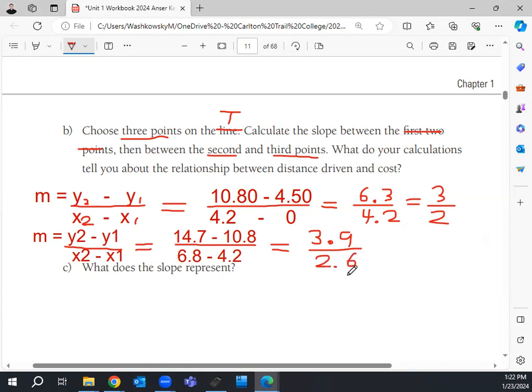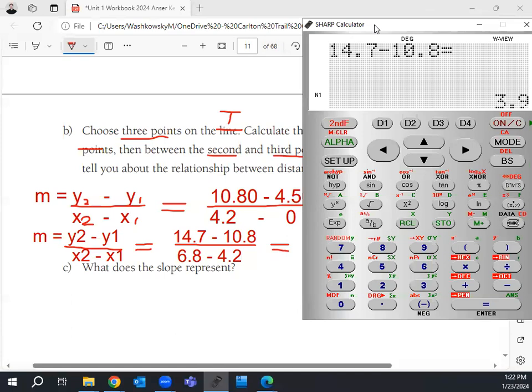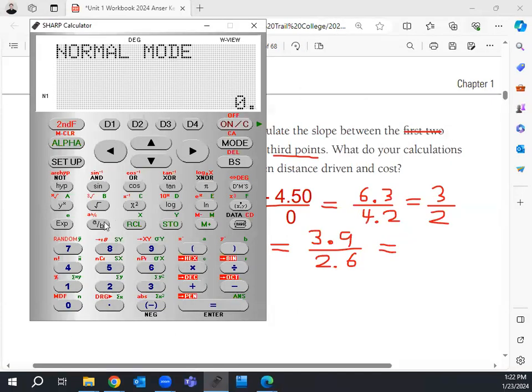Again, that's not a nice clean slope. You want to at least get rid of one of those decimal points. So your calculator will do that heavy work for you. You punch it in on there, 3.9 divided by 2.6. And I use my change button. I can see it's the exact same slope.